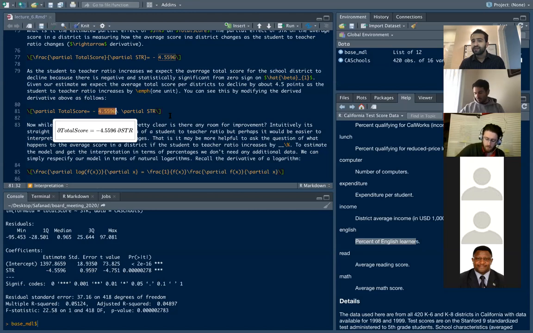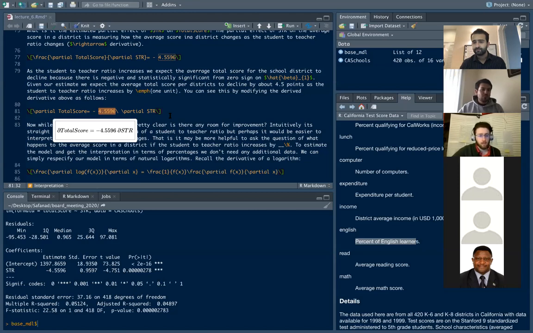We can re-specify the model to ask a slightly different question. Rather than saying, how does the test score change as the number of people, that is the students to teachers, changes, wouldn't it be easier if we just had something like percentages? So like if the student to teacher ratio increases by 10%, what's going to happen to the test scores?